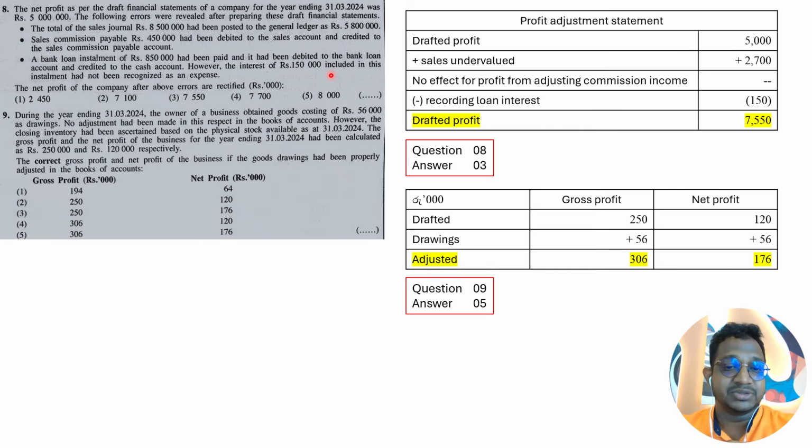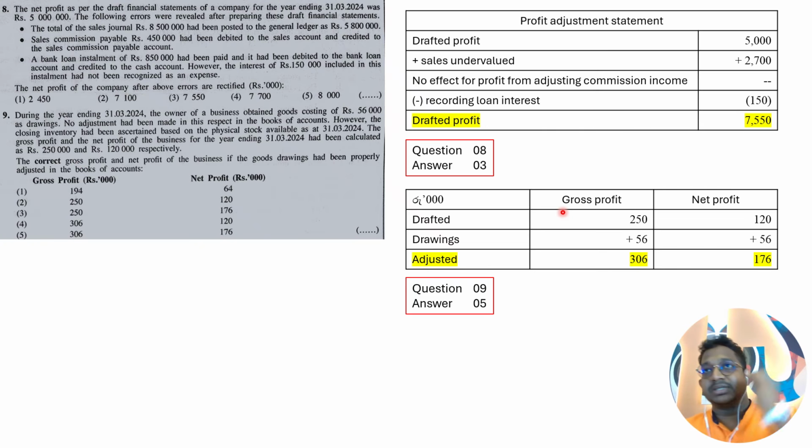And the 9th one is also error correction. During the year ending 31st March 2024, the owner of the business obtained goods costing 56,000 dollars. No adjustment was made for that. However, the closing inventory had been calculated based on the physical stock balance at the closing date. And the gross profit and the net profit of the business are given as 250 and 120, right?